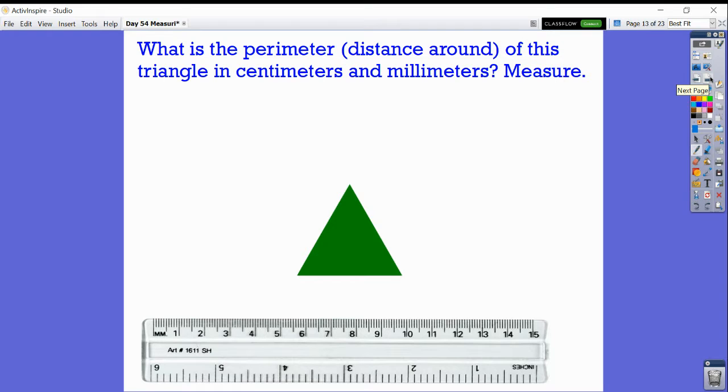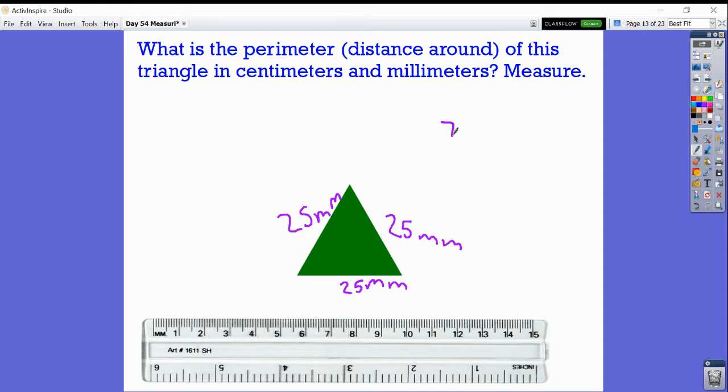What is the perimeter or the distance around the triangle in centimeters and millimeters? Well, we haven't done centimeters yet as far as adding our decimals. So here I'm going to go ahead and just use my millimeters. If I have 25 millimeters here, and 25 millimeters here, and 25 millimeters here, well, perimeter, distance around, that means I'm going to add all of these together.